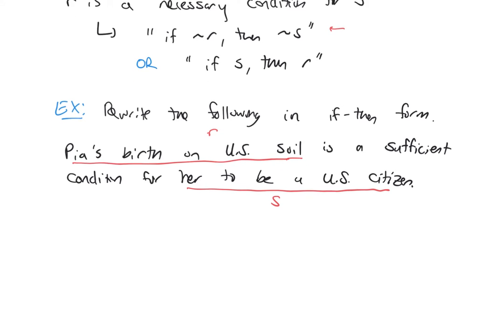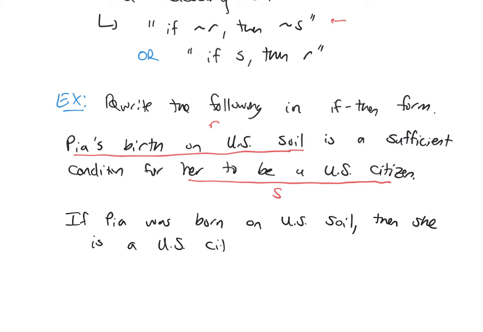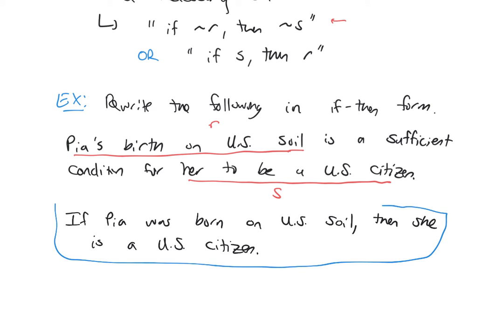It's if R, then S. So we're going to say if Pia was born on U.S. soil, then she is a U.S. citizen. So that's how you would convert that to an if-then statement.